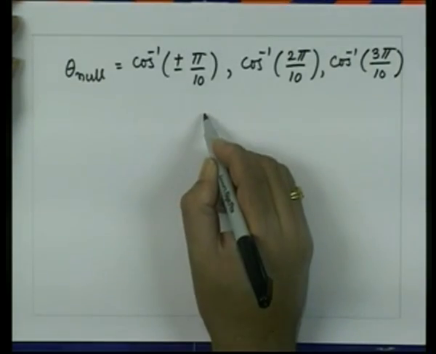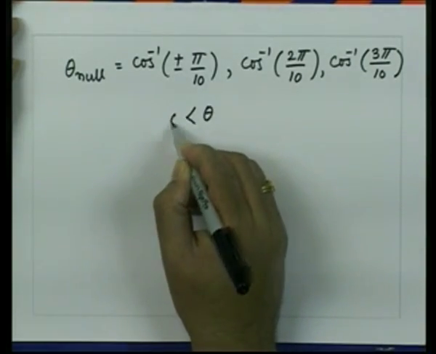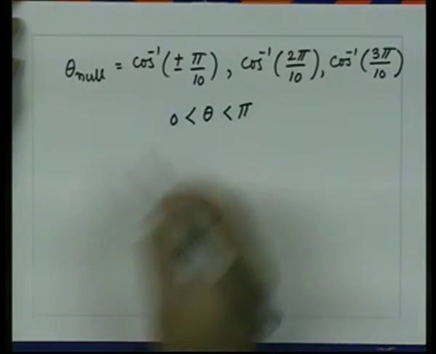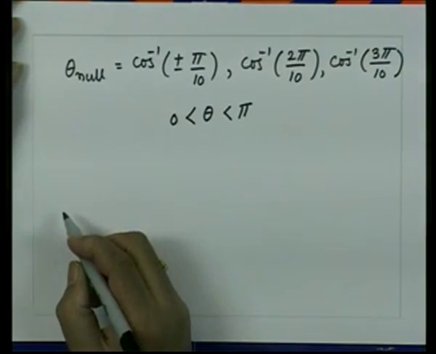And as is given, theta lies in the range 0 to pi. So, from here we can find out the corresponding values of theta.